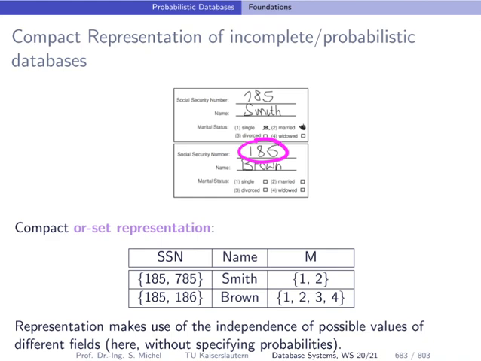For instance, we can say 185 is quite likely, it's 0.8, and this one has only 0.2, and here we have 0.25, 0.25, so 1 over 4, for each of these. And that means that in the end, based on these probabilities, we can also compute the probabilities for these possible worlds, if you want to write it in the way we did in the previous example.